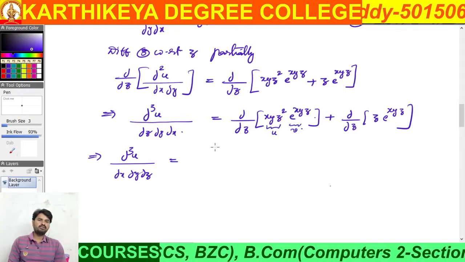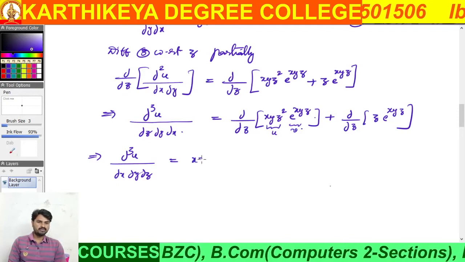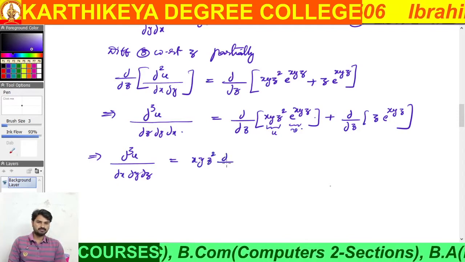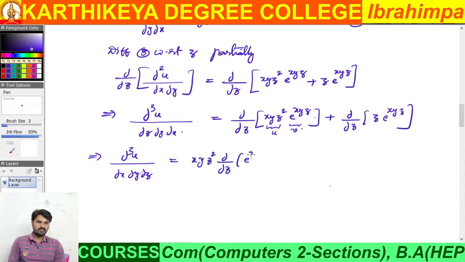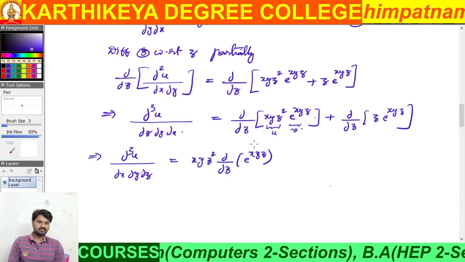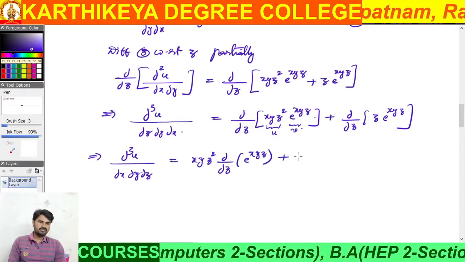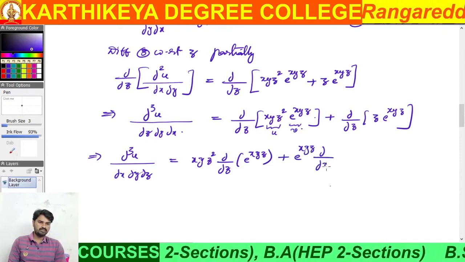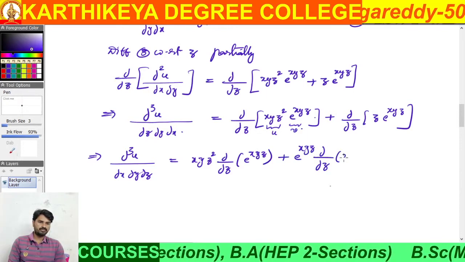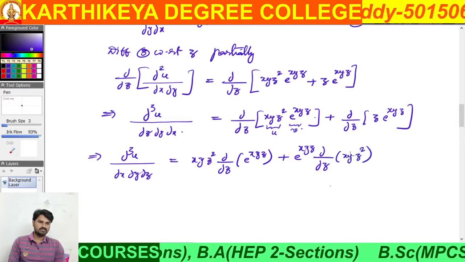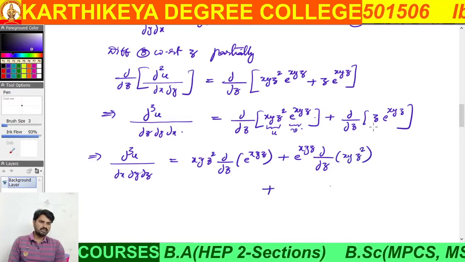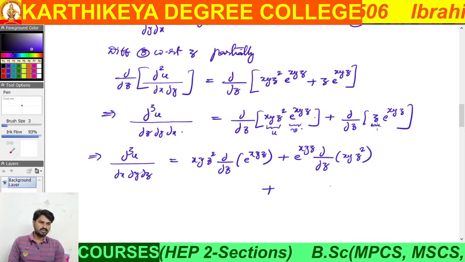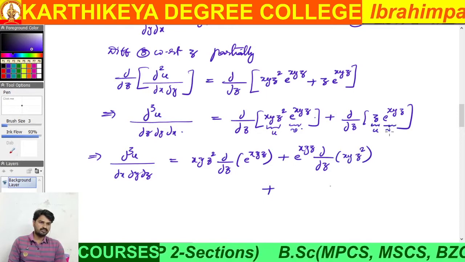Now u v dash plus v u dash: u means xyz² into the derivative of e^(xyz) with respect to z, plus v, that is e^(xyz), into the derivative of u with respect to z. Plus, in the second term also, you can consider this one as u and this one as v.